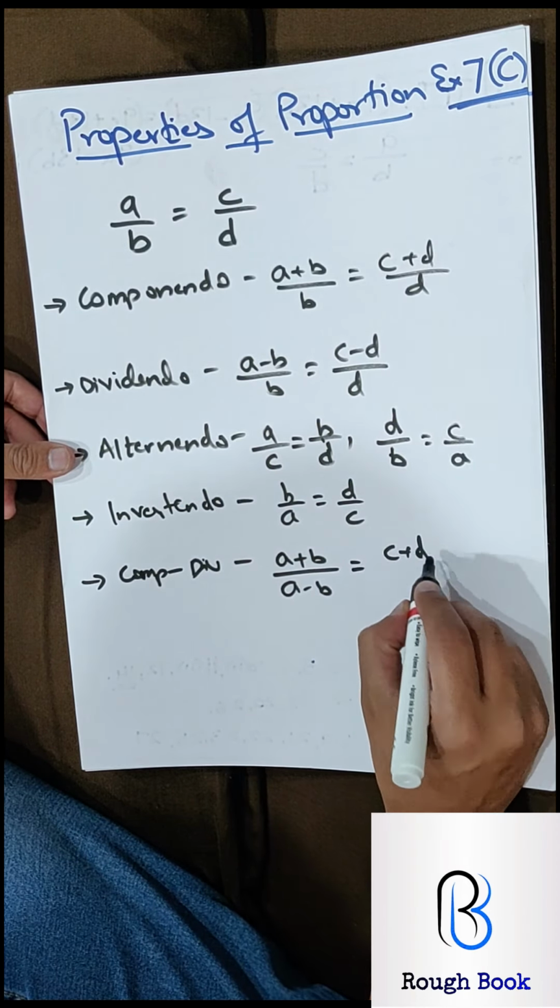Most important, whenever you are applying componendo, dividendo, this step is a must. You can't come directly to the final step. What do I mean by that? You will come to know very soon. So I will say over here by componendo, dividendo. Now we need to be very careful with such bigger numbers. So first I will write the numerator.